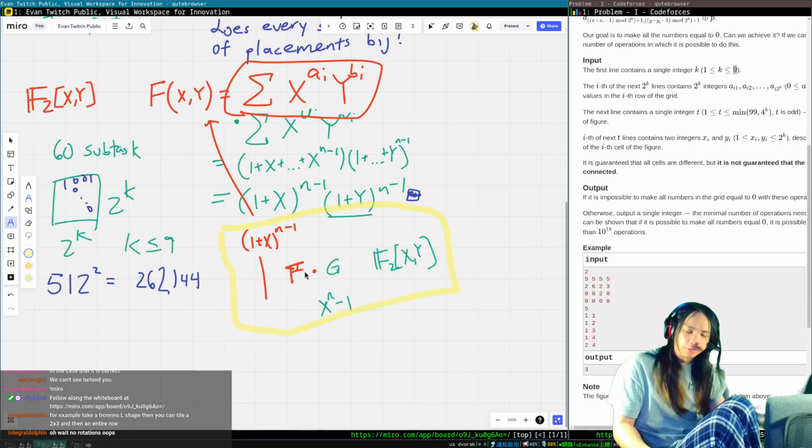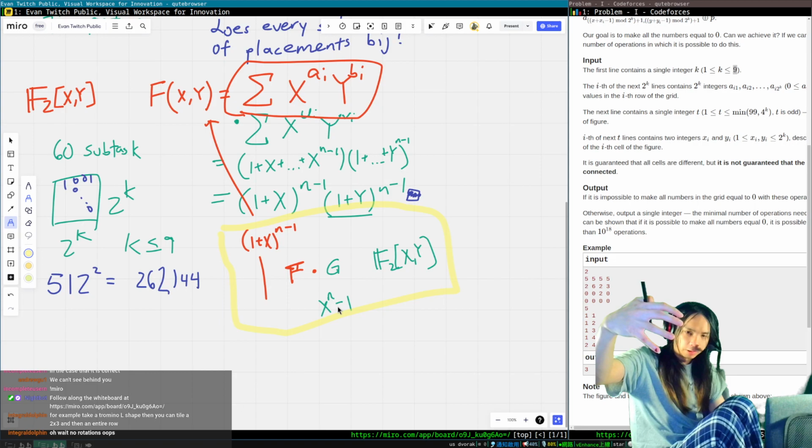Because you can take modulo x to the n minus 1. So that will wrap everything up there.